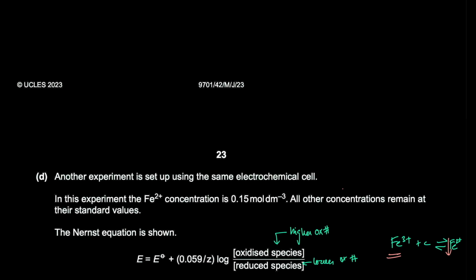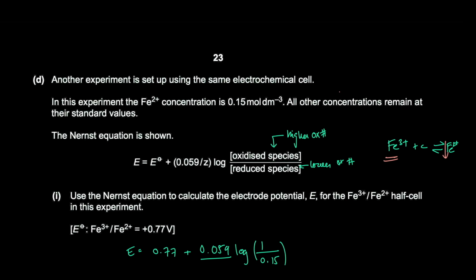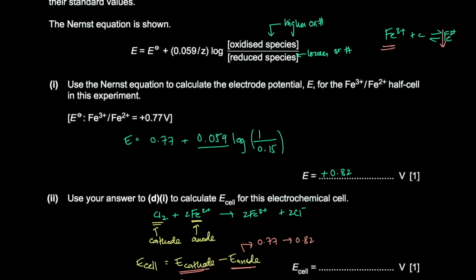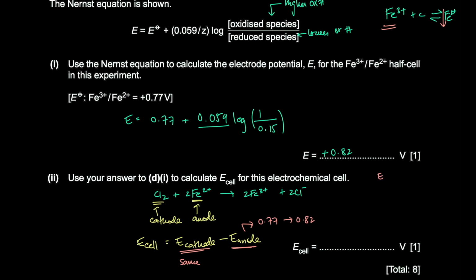Now, they had told us that the standard cell potential was 0.59. So I'll write that down. The standard cell potential was positive 0.59 volts, right? But now in this case, the electrode potential at the anode has increased by 0.05.